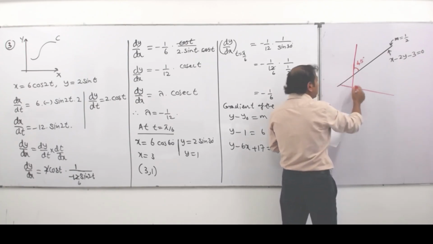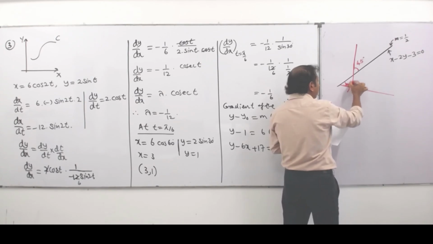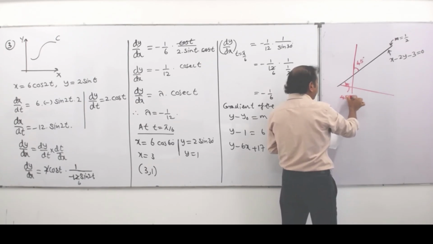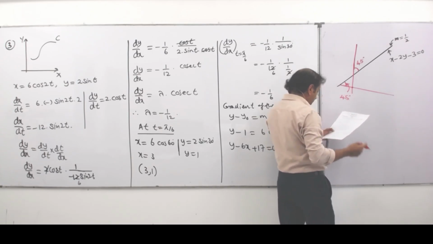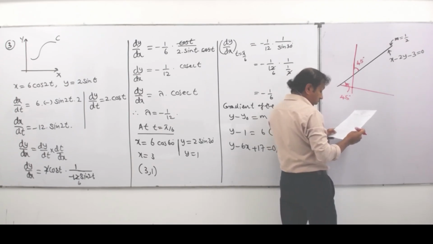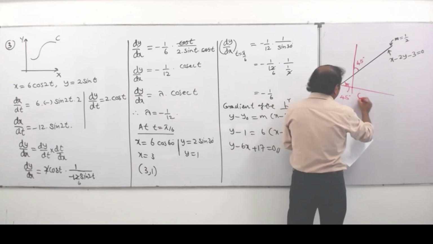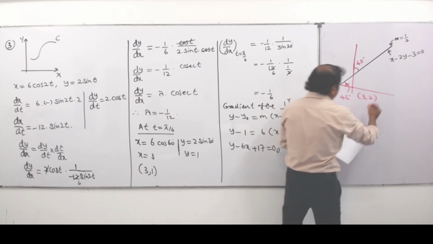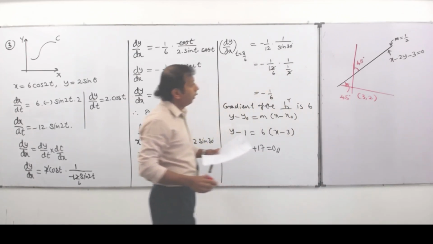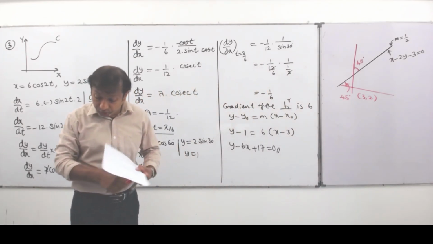These two red lines only we need to find. This red line is also making an angle of 45 degrees with the black line. Both the red lines pass through where? The point (3, 2). Okay, correct, no?